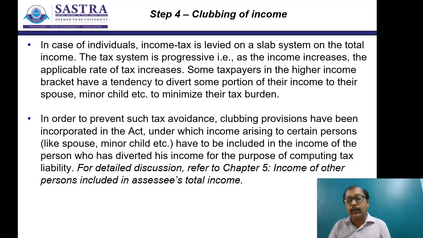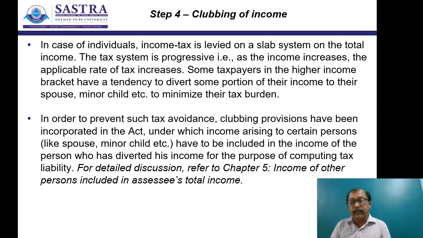Some taxpayers in higher income brackets have a tendency to divert portions of their income to their spouses and minor children, etc., to minimize the tax burden. So this clubbing of income happens in order to prevent such avoidance of taxes.